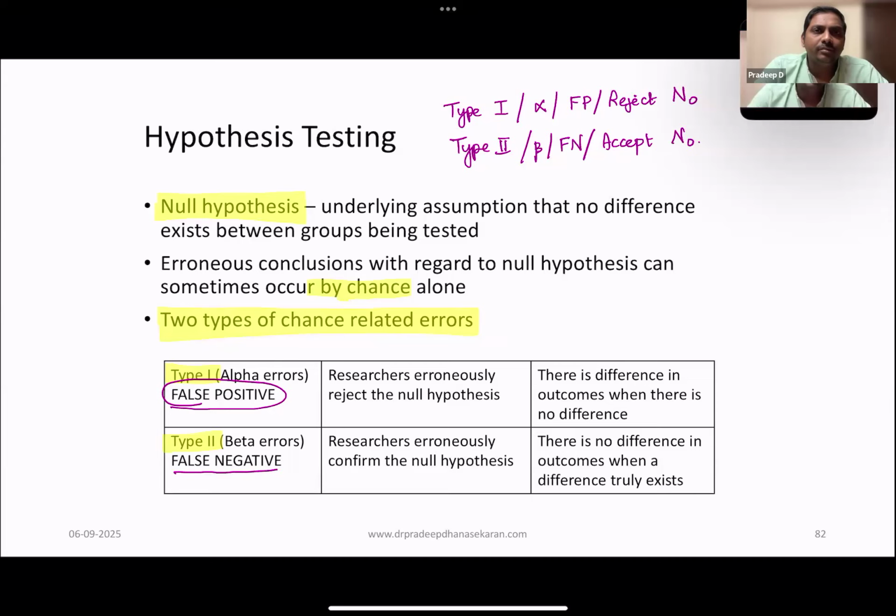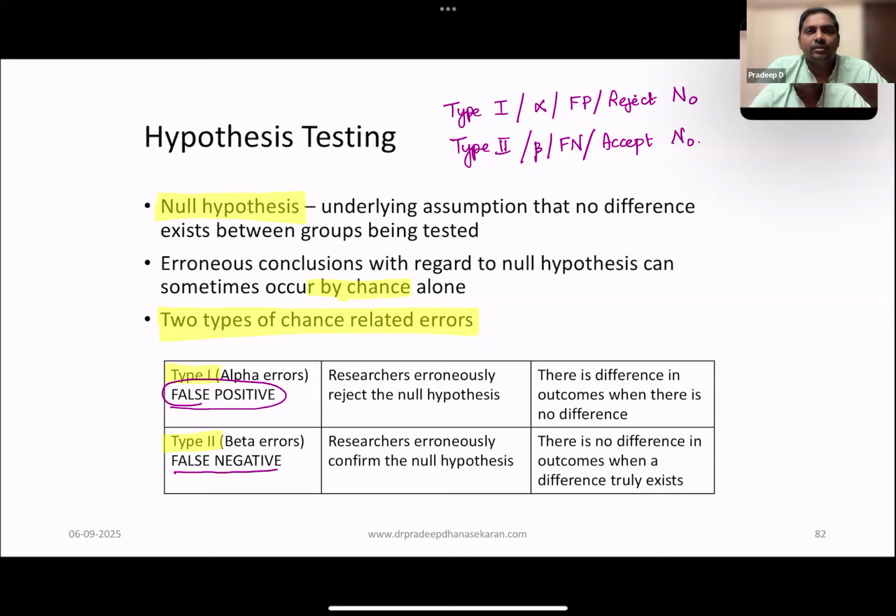That means the interpretation you make is that there is a difference between the two groups, whereas in reality there is no difference. Because the null hypothesis is that there is no difference, and here you are inferring there is a difference, you are rejecting the null hypothesis. This is called a type 1 or alpha error.